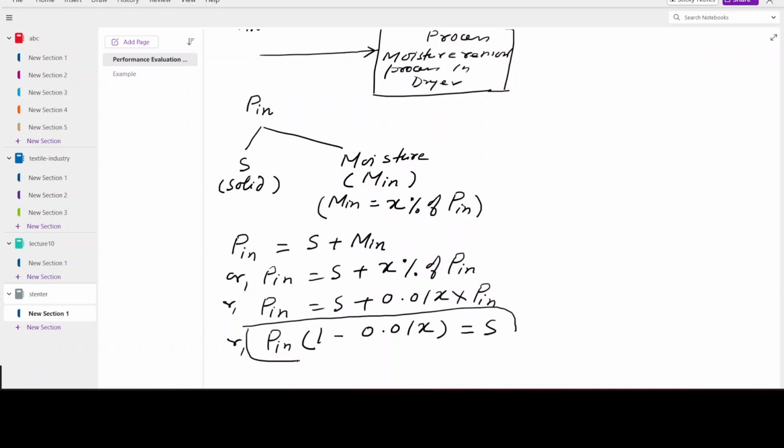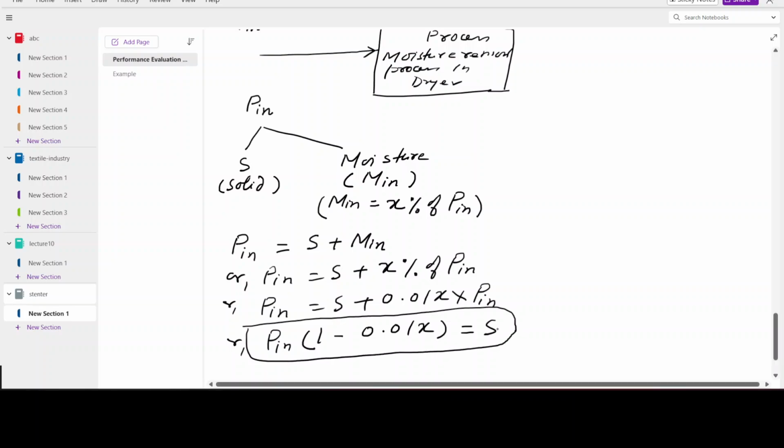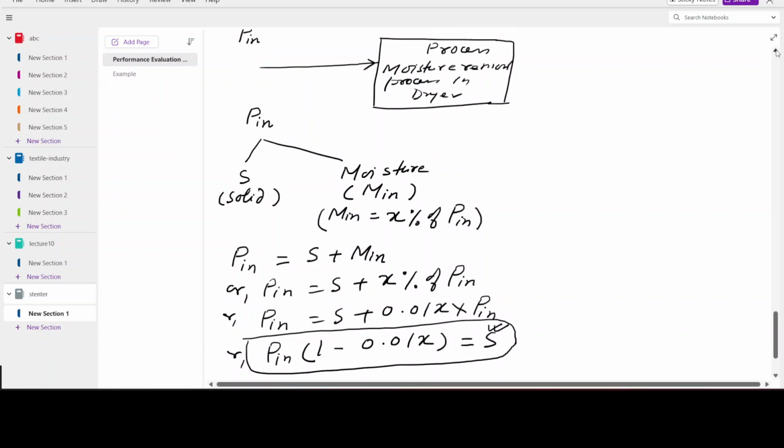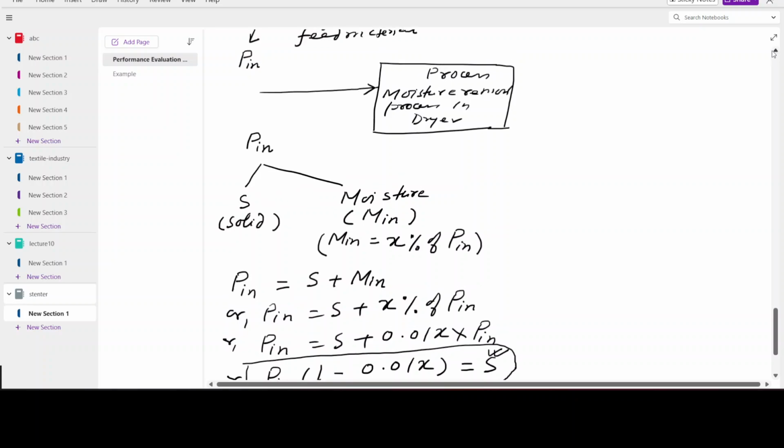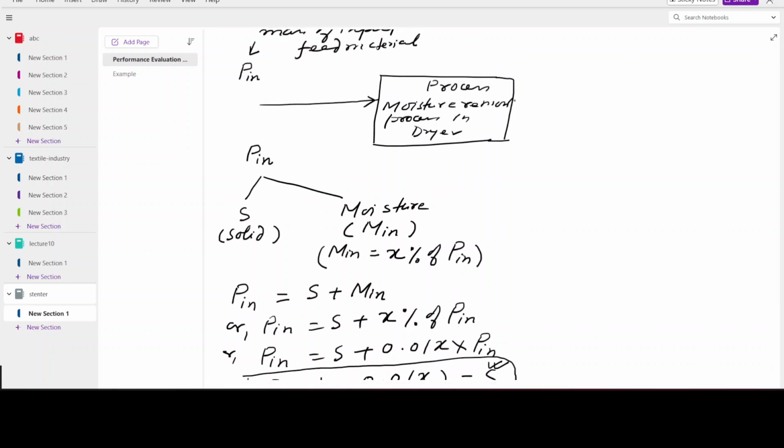This is a very important derivation for us. It will help us in finding S, or if need be, given any two, we can find the third one. So its significance is that we will be able to find out information very easily.